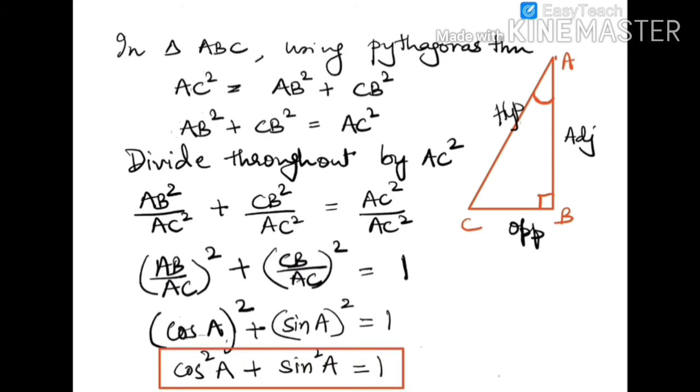So we have derived the first trigonometric identity.